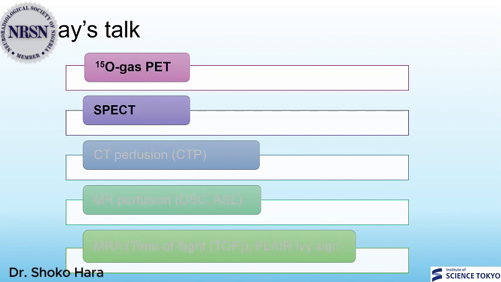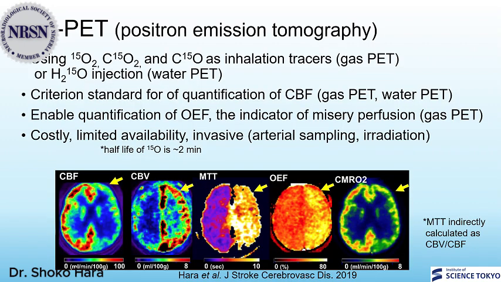So let's begin with the classic modalities that use isotopes. The PET scan using 15O is the oldest and classical criterion standard for quantifying CBF. 15O PET includes the so-called gas PET, which uses 3 inhalation tracers, and water PET, which uses an injected tracer.